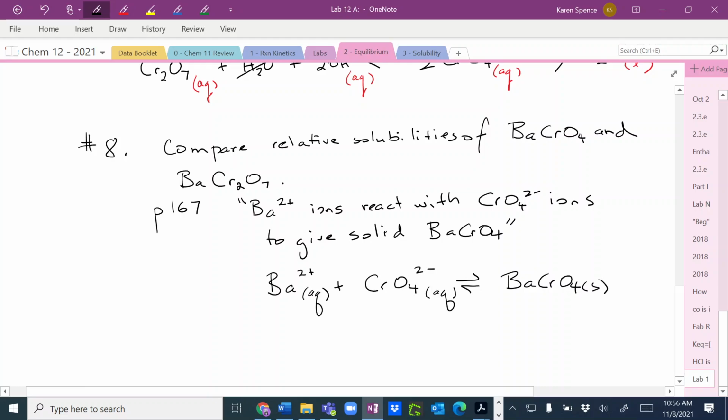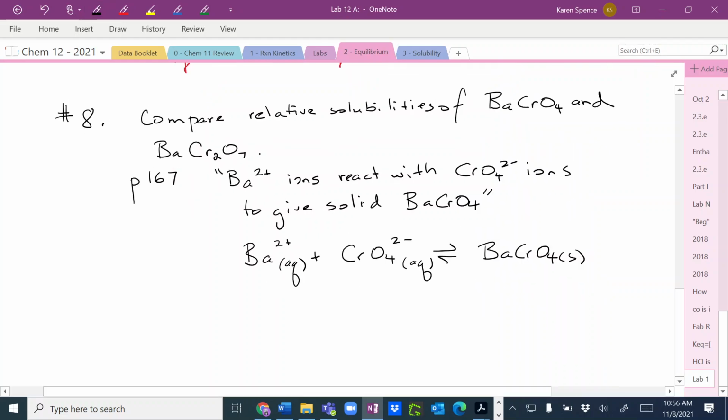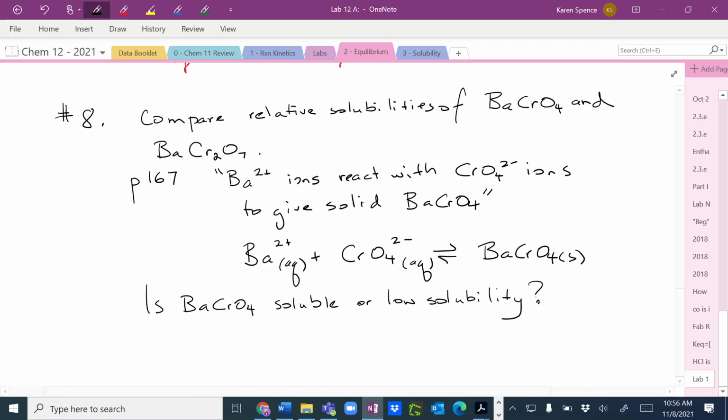What does that tell you about the solubility of barium chromate? It has low solubility because when I mix those two aqueous ions together, we get a solid, okay?